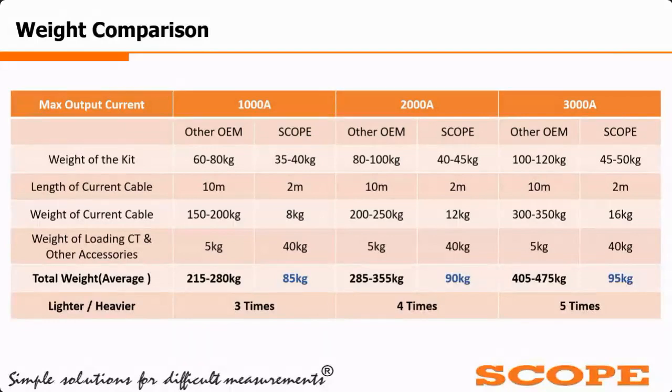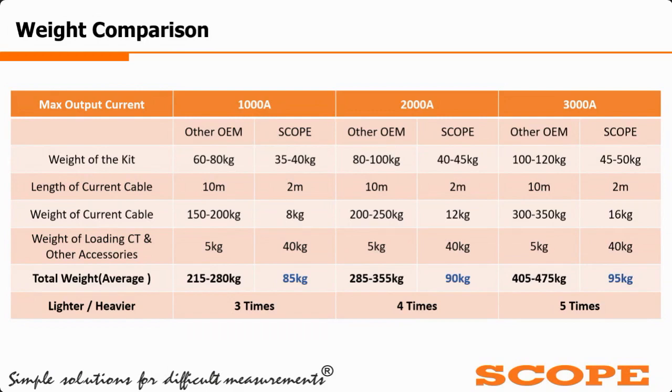For 2000 ampere, other manufacturers' weight including all is 285 to 355 kg. However, for the Spoke manufactured Prima series, the weight including all is 90 kg. Similarly, for 3000 ampere, it is 405 to 475 kg, and the Spoke manufactured Prima series weight is 95 kg.